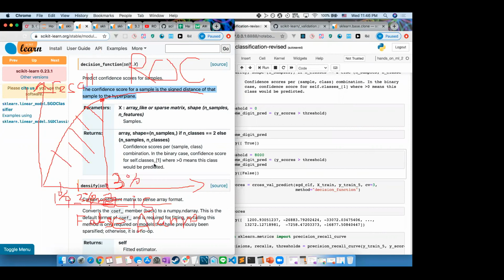To be clear, the false alarm rate is calculated as the false positives divided by false positives plus true negatives. That's how you calculate it. Yeah, false positives in the numerator, and the denominator should be false positives plus true negatives.